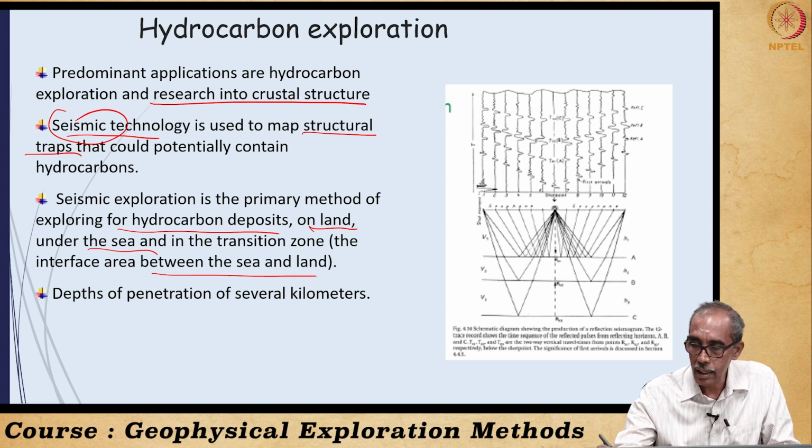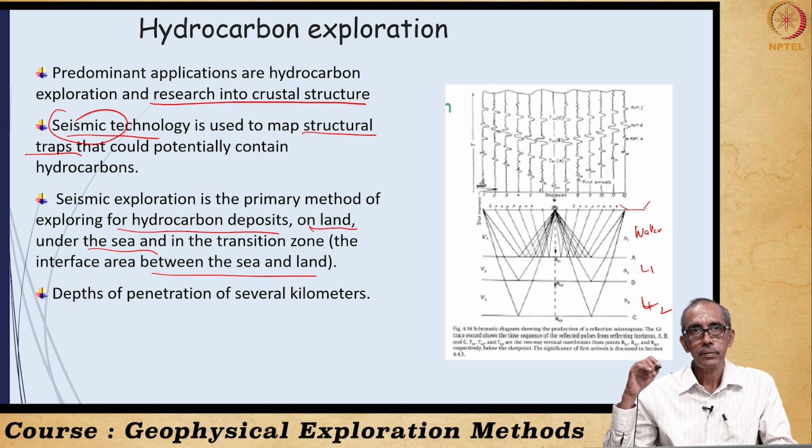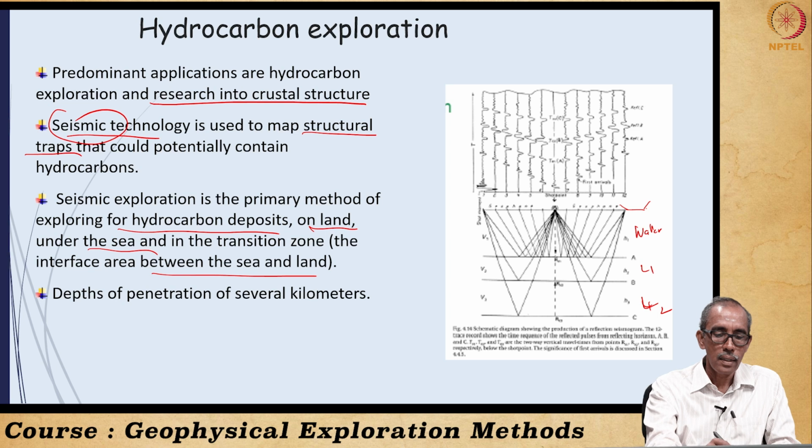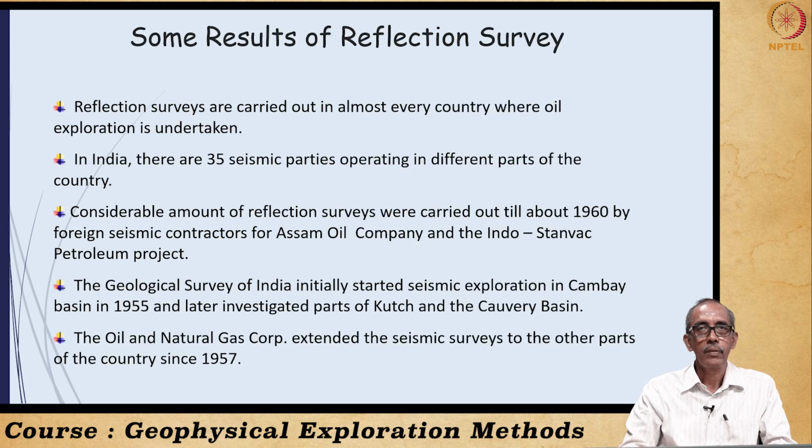In that case, suppose you are carrying out a survey from a ship, the first layer is water, that is all, the rest is the same. Then we have layer 1, layer 2 below the surface of the ocean floor. Then seismic reflected signals travel to a greater distance, up to even 5-6 kilometers. So, this method is indispensable for hydrocarbon exploration.